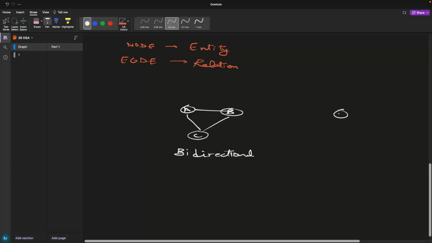And there are also directed graphs. So these are your undirected graphs, and these could be your directed graphs.